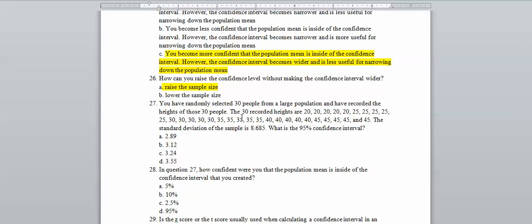Whenever you go to a t-table, you have to subtract 1 from the sample size. So 30 minus 1 is 29. Once you subtract 1, you get the row of the t-table, so we're going to go to the 29th row.